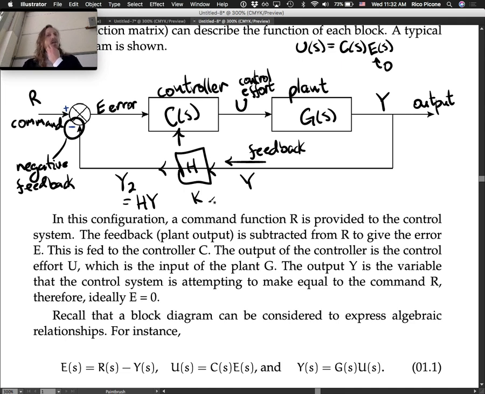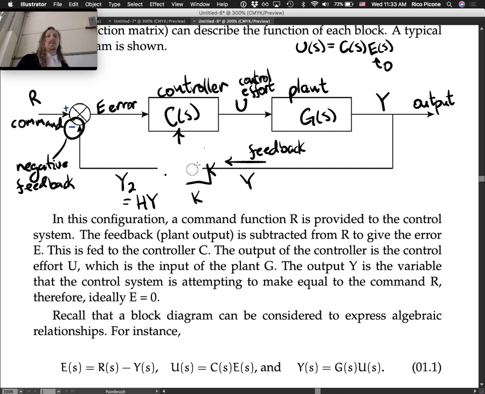Feedback transfer functions. There's a little argument I don't know if I'll be able to get into, but you can always rearrange this so that H, the feedback one, can get absorbed into the C. You can redefine your controller. So when we do some of these derivations, it'll look like, oh, it's only for this special case of unity feedback. When we don't have anything in the feedback loop, we call it unity feedback.